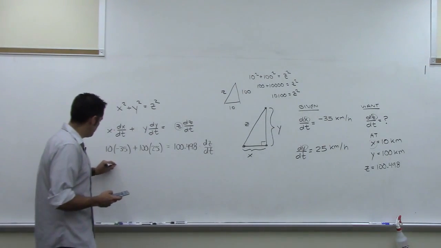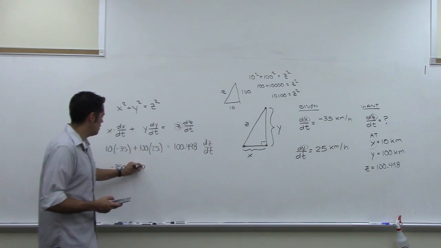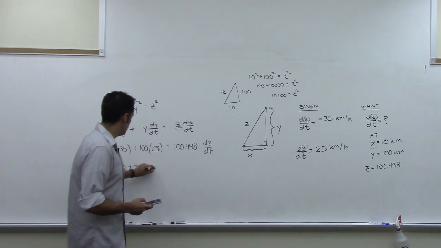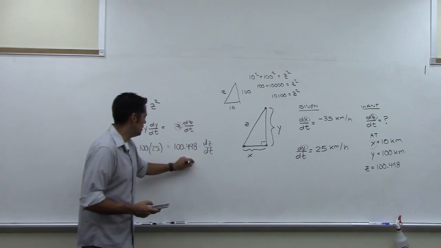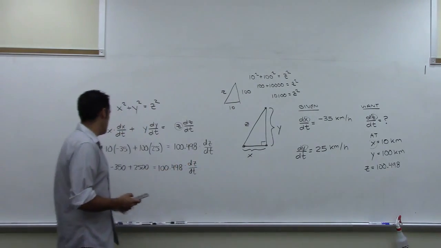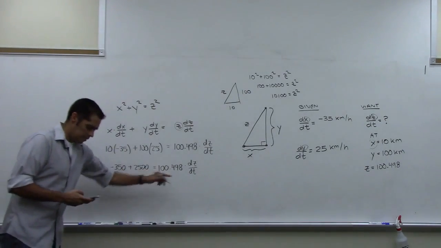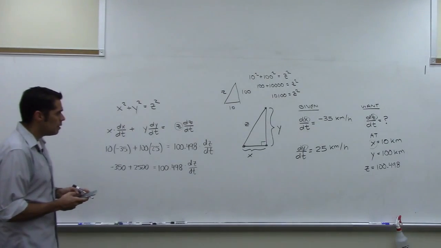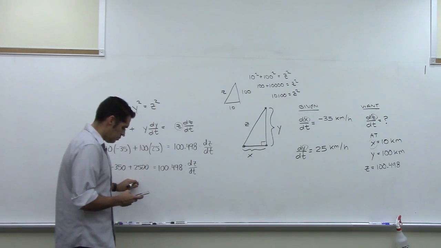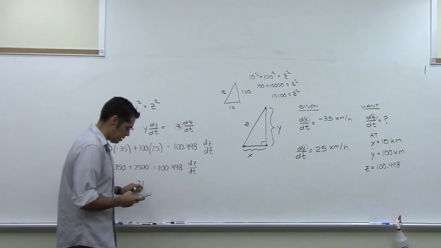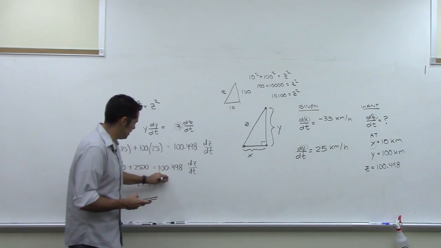We have negative 350. I didn't need my calculator for that. Plus 2,500 equals 100.498 times dz/dt. And I put those two together and divide by 100.498, and you get a positive number, 21.39 equals dz/dt.